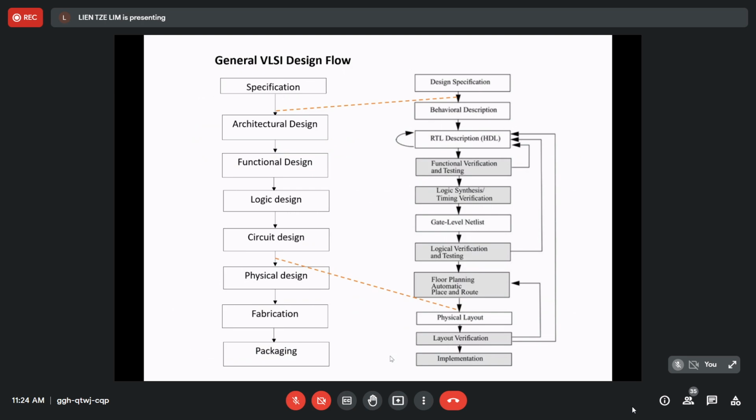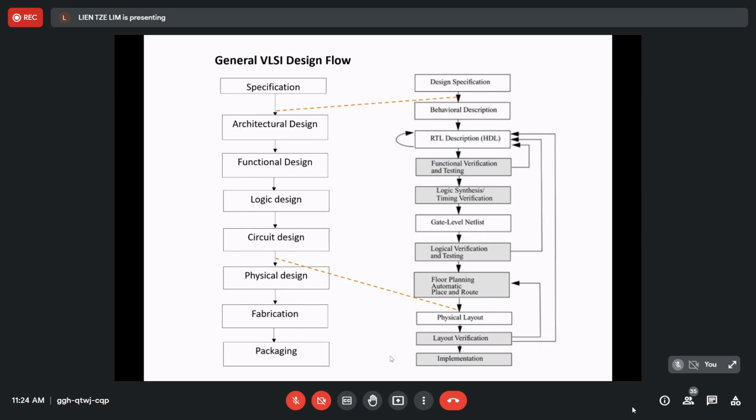I will upload the latest one to you so that you can refer to this slide. Why did I add another slide for this?